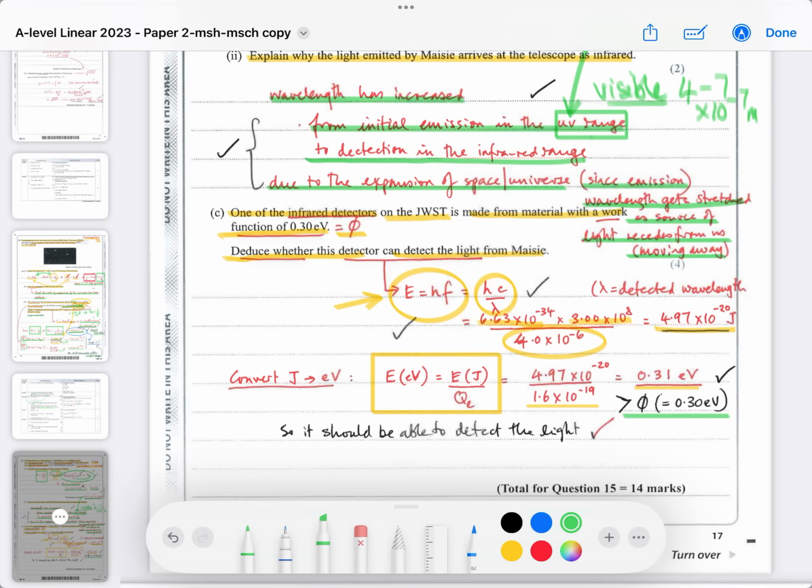And since it's greater than the work function, it should be able to detect the light. Because it's an infrared detector, and if the infrared photons didn't have enough energy, they would not be able to give off photoelectrons. So these 0.31 electron volt photons can emit electrons, and that's what we're detecting. That's how we use the detector.